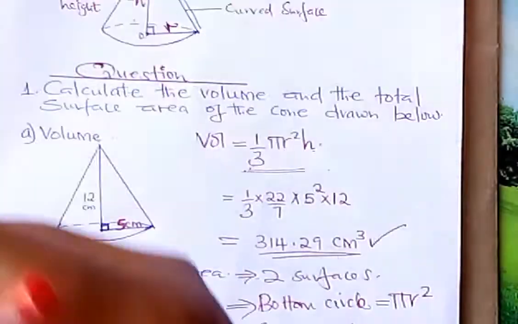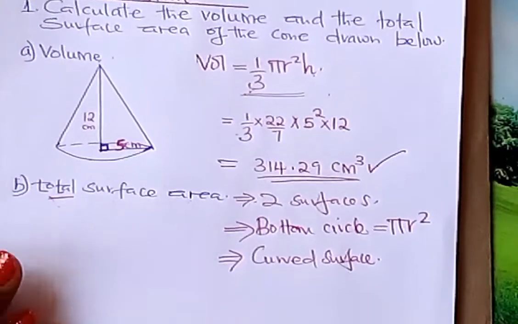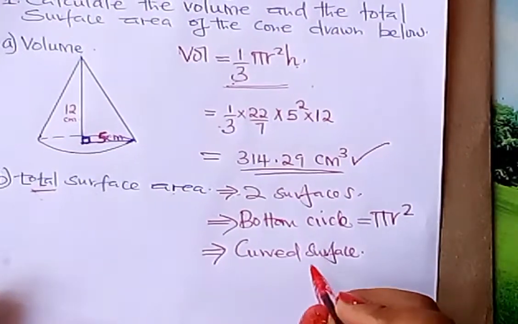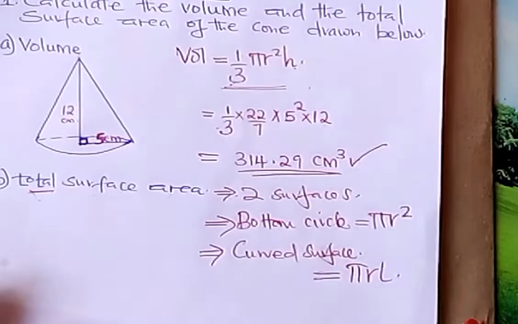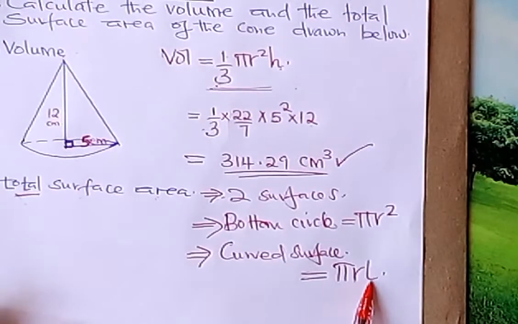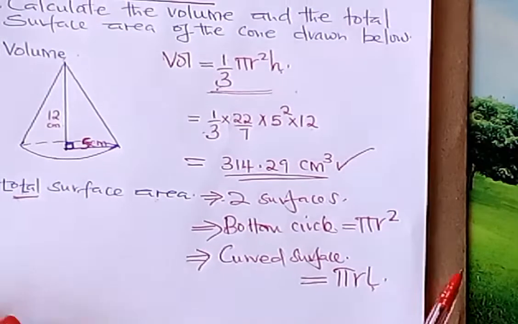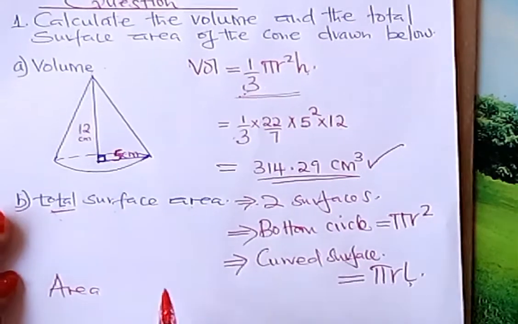So the curved surface area, learner, is got by what? What is the formula? It is got by pi r times the slant height. So we do it. What is the area of the bottom circle?